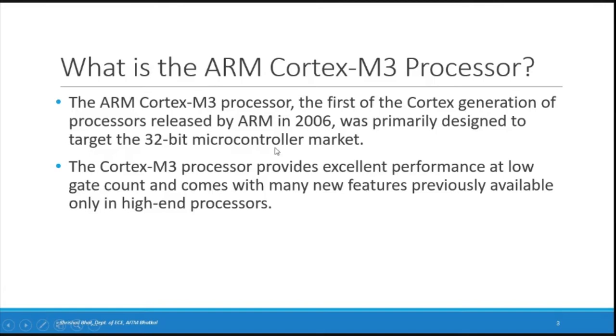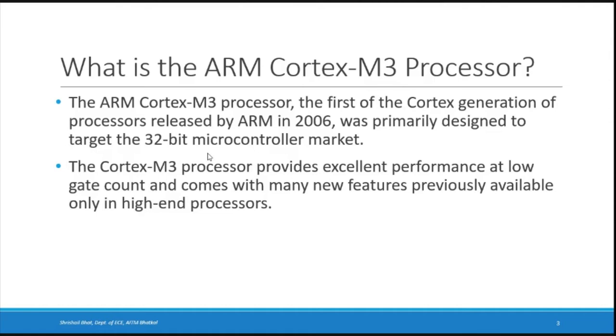It was primarily designed to target the 32-bit microcontroller market. Till then, whatever was prevailing was either 8-bit or 16-bit microcontrollers, and 32-bit microcontrollers were highly expensive at that time. With the release of the ARM Cortex M3 and large-scale production of Cortex microprocessors, more 32-bit microcontrollers came into the market with this ARM design.